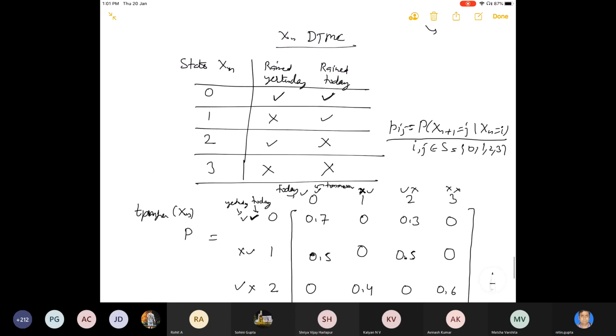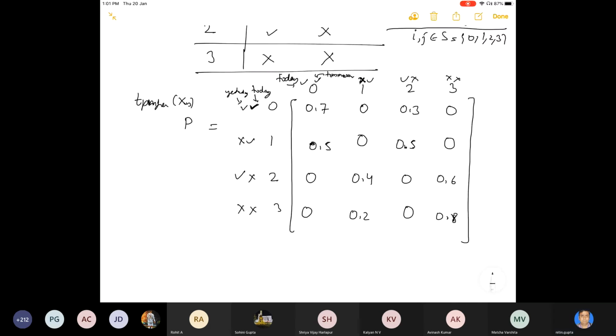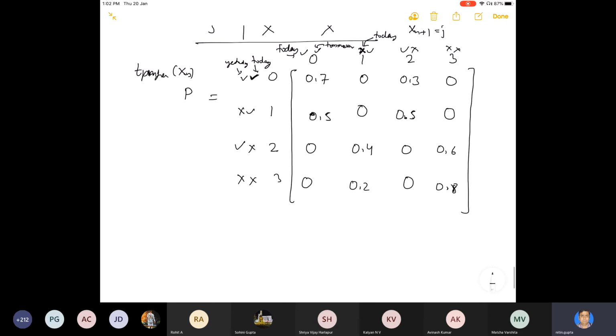Now, the probabilities. Just explain the 0, 0, 1. Here, Xn plus 1 is equal to j and Xn is equal to i.